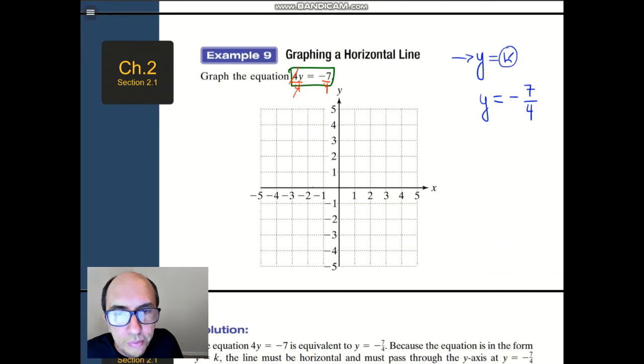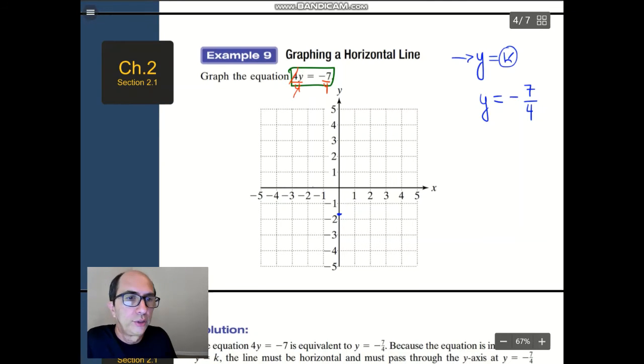On the y-axis you find negative 7 over 4, which is a little bit more than negative 2, and the representation of this equation is a horizontal line that goes through this number, negative 7 over 4, on the y-axis.